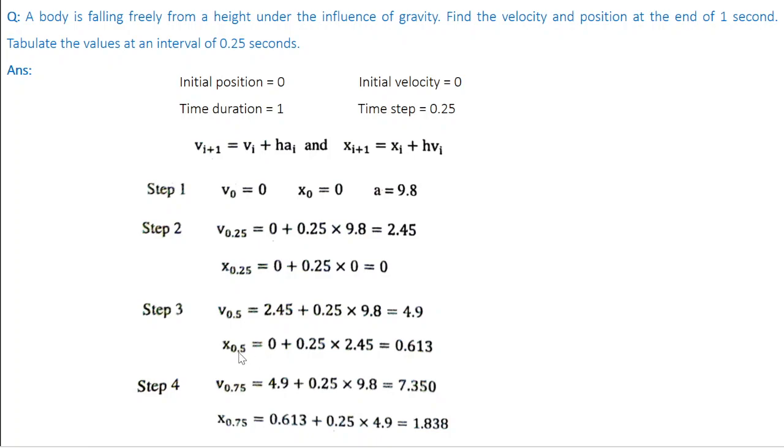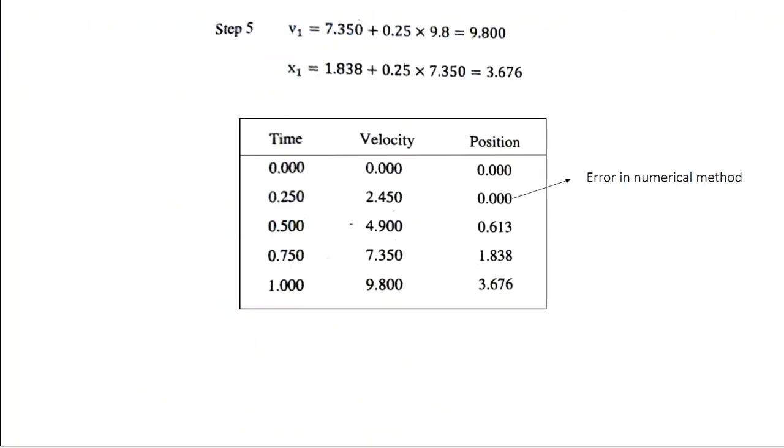X of 0.5 equal to X of 0.25, which is 0, plus step size into velocity in the previous step, that is 2.45. So you get the position and velocity. Same way you find velocity and position after 0.75 seconds and finally after 1 second. So you are arriving at the final solution step by step. This is the meaning of discretization.